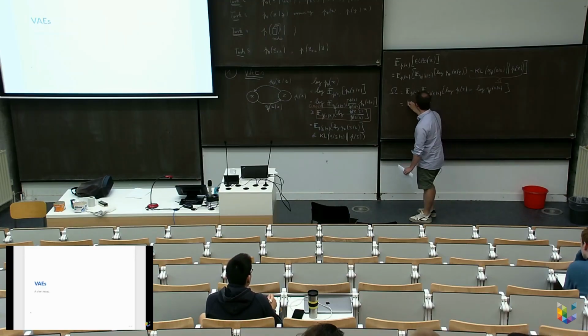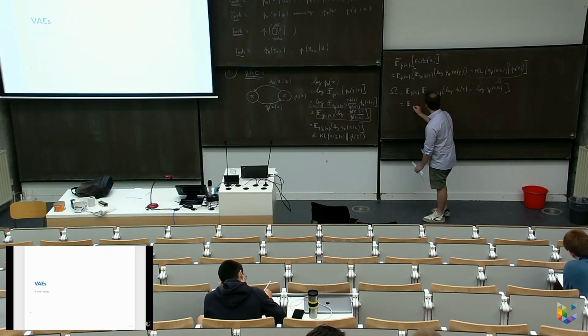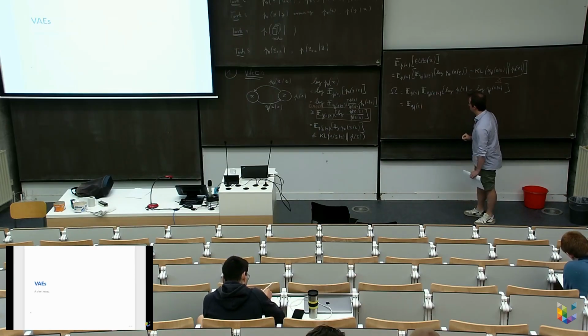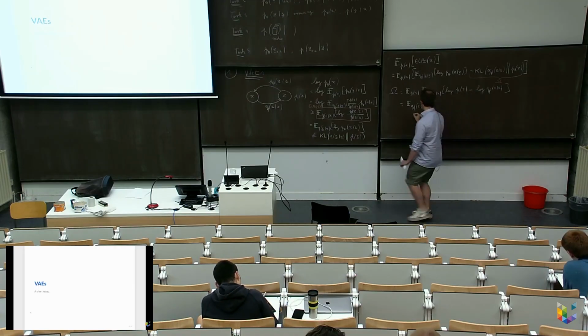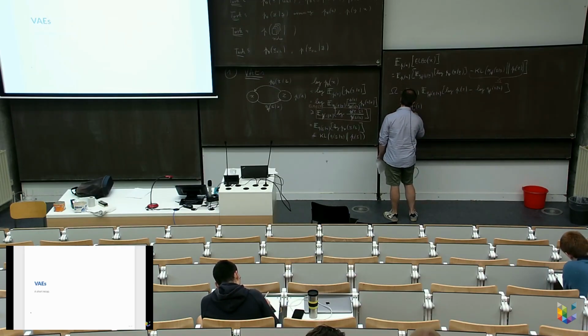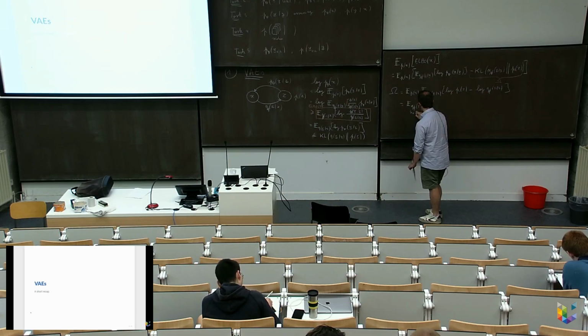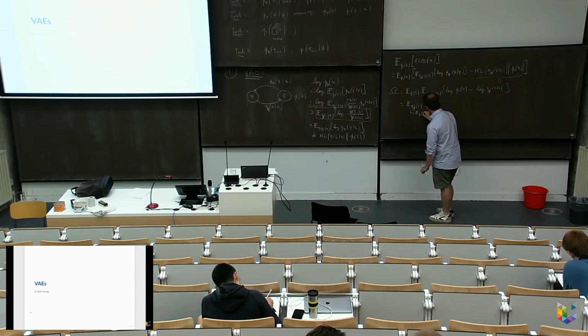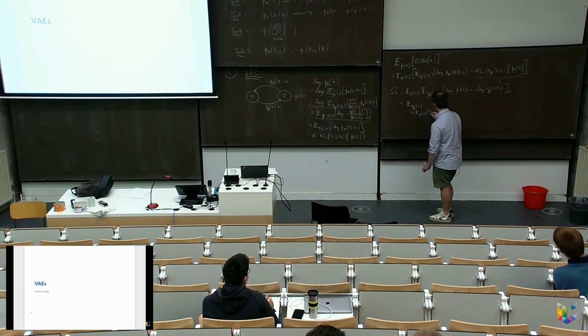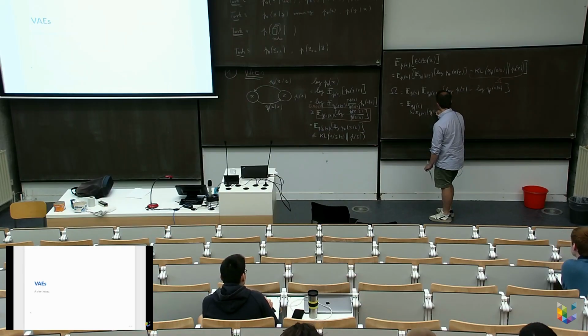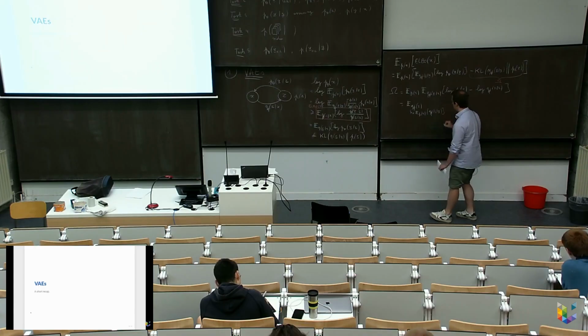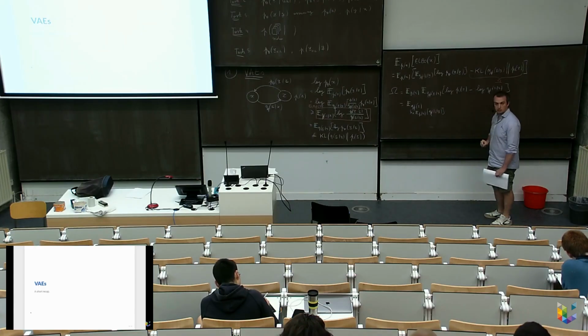So this can be rewritten as an expectation over something that I will call q phi z, the marginal distribution, where this is equal to the expectation over px of q phi z given x.